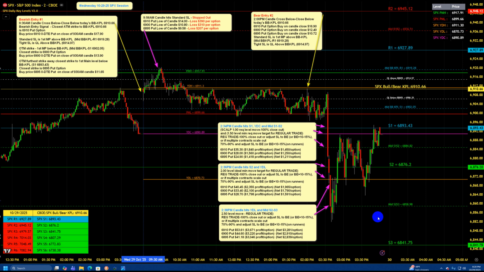The settlement's different. You just want to have a process where you're not put in that position where all of a sudden you could have a huge profit and then all of a sudden it turns against you in the last couple of minutes. And SPX does that a lot. So in the last 5-10 minutes of the session, you can get some pretty wild moves.